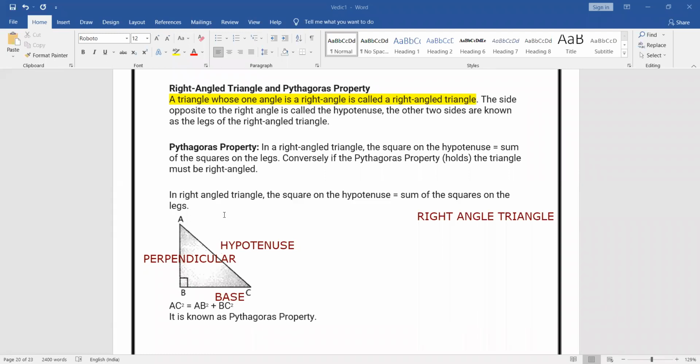In any right angle triangle, for example in this triangle ABC, the square on the hypotenuse, if you do the square of the hypotenuse, that is AC square, is equal to the sum of squares of the legs.